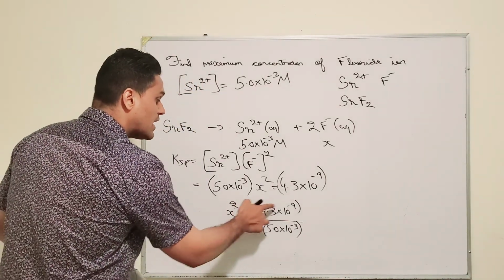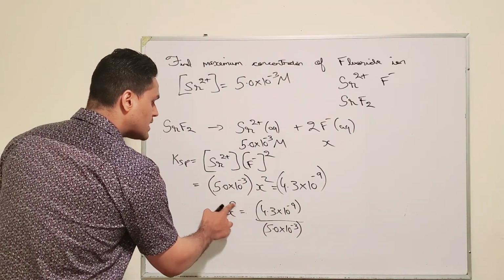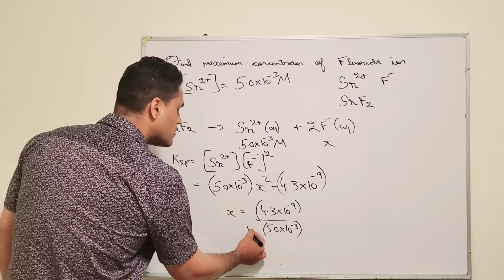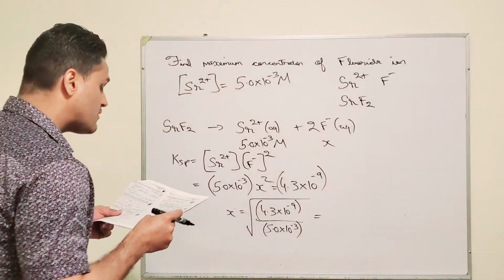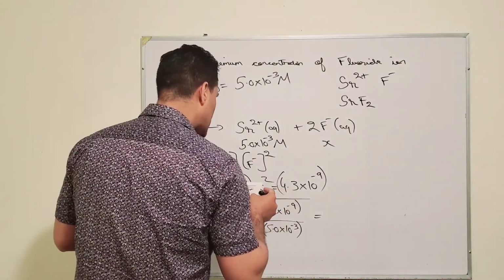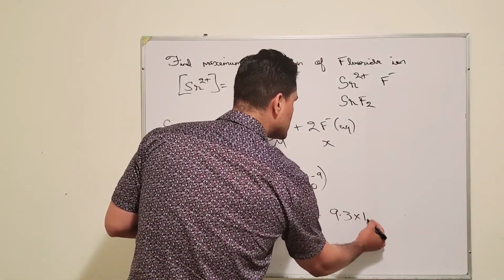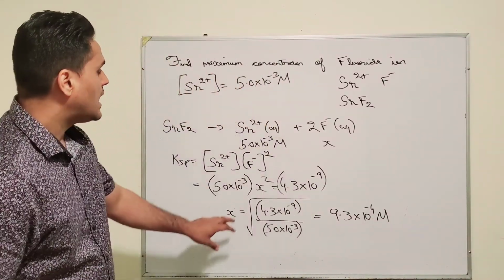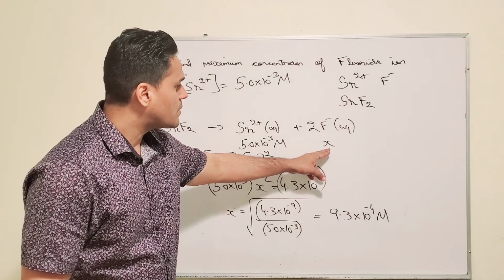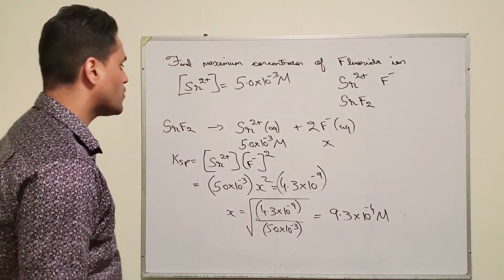And then you're going to have to take the square root, because we have to isolate X. So imagine we take the square root of this whole thing. Make sure you put brackets. If you've punched it in properly, you should get X is equal to 9.3 times 10 raised to the power minus 4 molar. And guys, as we had earlier said, that X represents the concentration of F-. So that's what we were looking for.